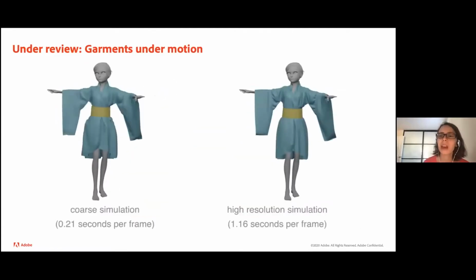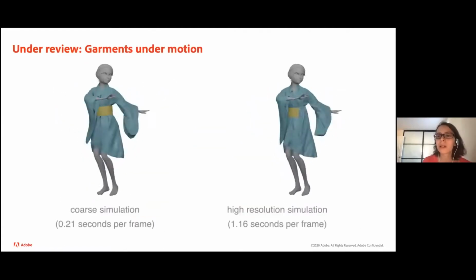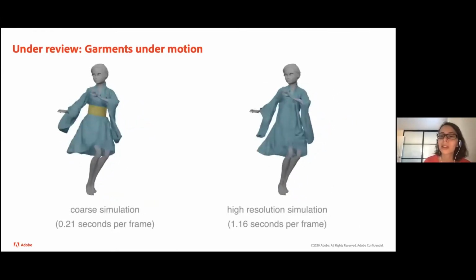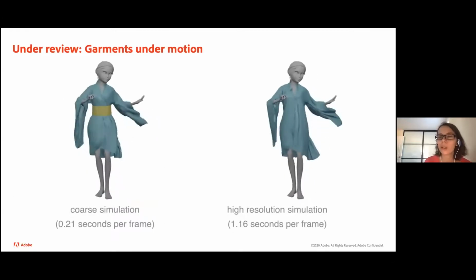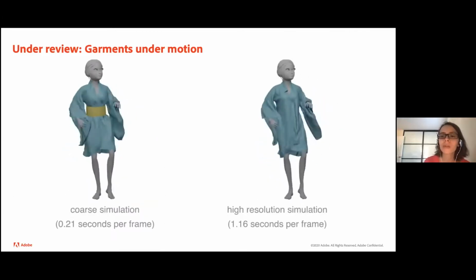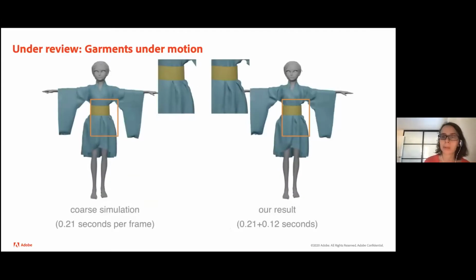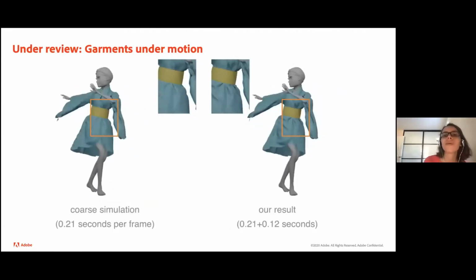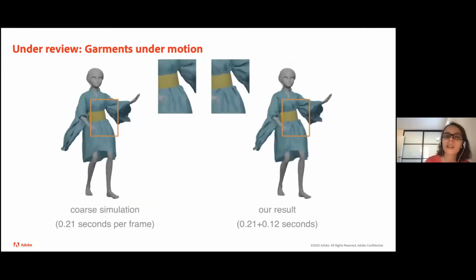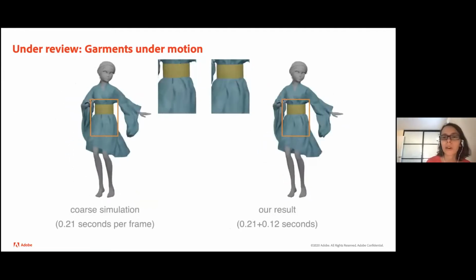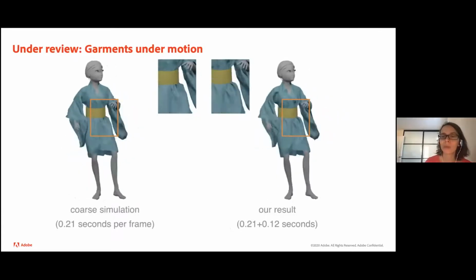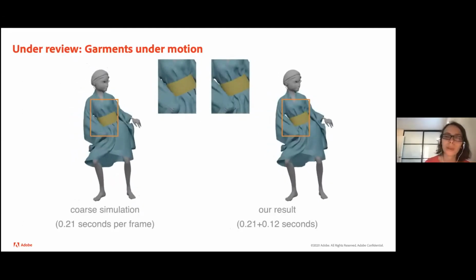So recently we have been looking into this problem. Of course you can use physically based simulation methods to simulate the garments, but these are usually computationally expensive and also sometimes not very easy to set up, so they can explode. So what we are trying to do is train machine learning algorithms that can take as input a coarse simulation and then on top of it simulate some plausible wrinkle details so that you don't have to go through the complex simulation process.